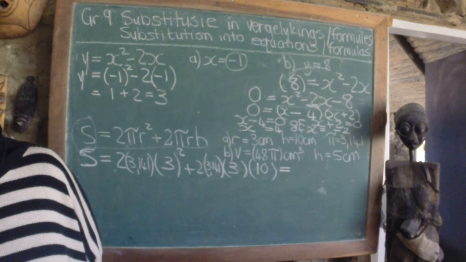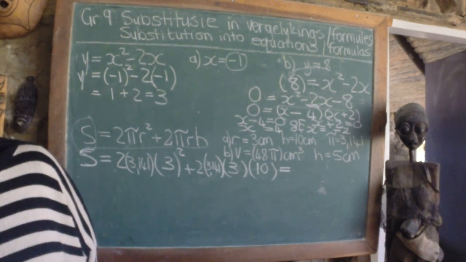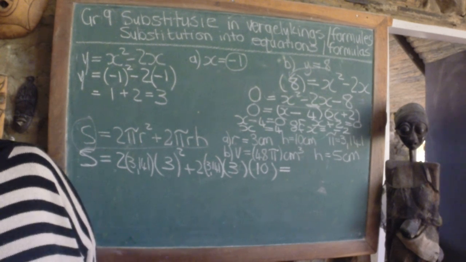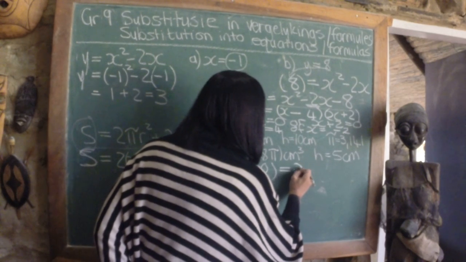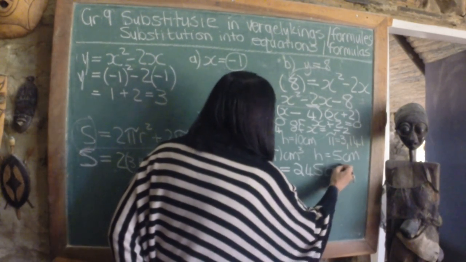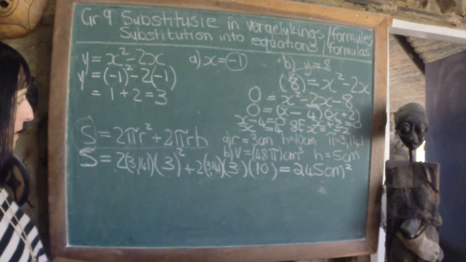As jy dit reg in jou sakrekenaar gaan intik het, dan behoort jou antwoord daar te wees, if you round it correctly, 245. And remember this is now area, so it's going to be centimeter square. Dis oppervlakte, dis centimeter kwadraat.